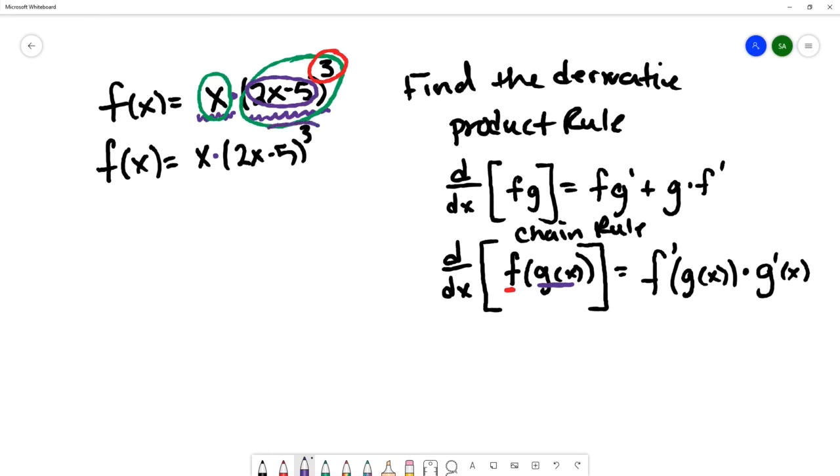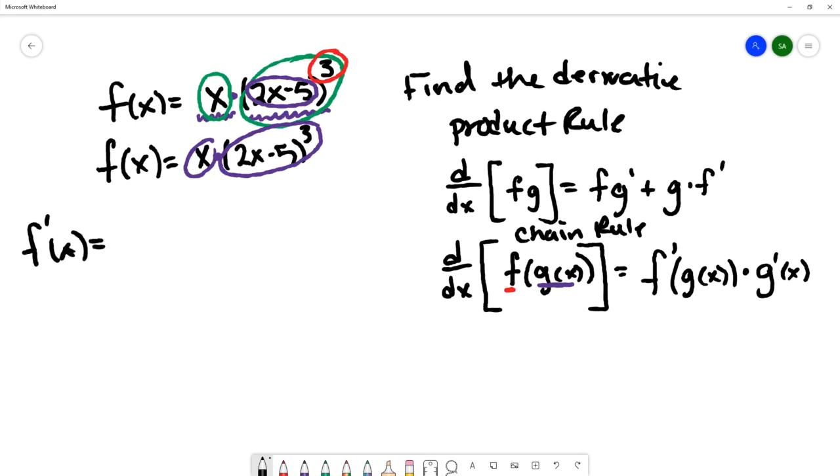You would calculate this whole thing here, calculate this whole thing here, and then multiply your final answer. So since multiplying is the last thing related to order of operations, it's the first rule that I use to calculate this derivative.